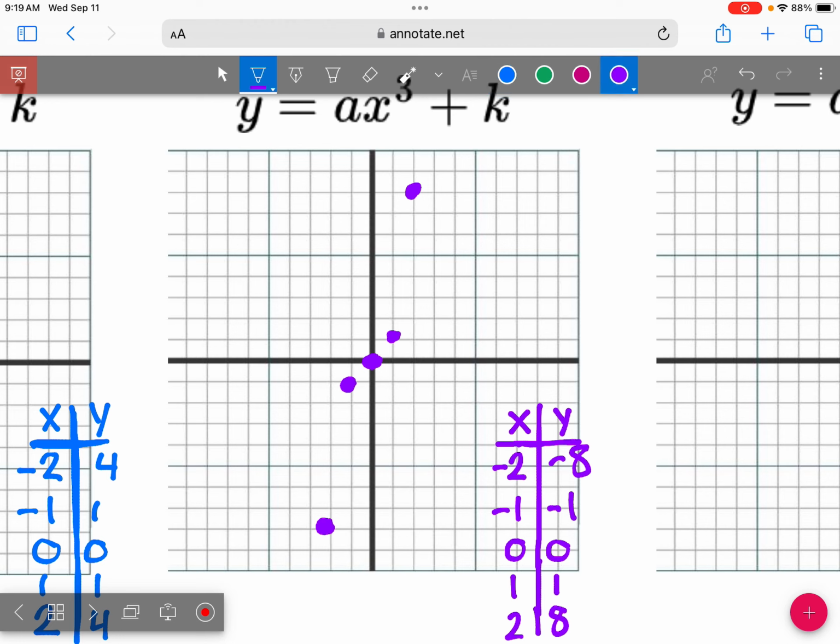And we're going to connect our dots. It's going to make a little bit of a squiggle. It makes kind of an S shape when we do cubes. Questions on our cubes?